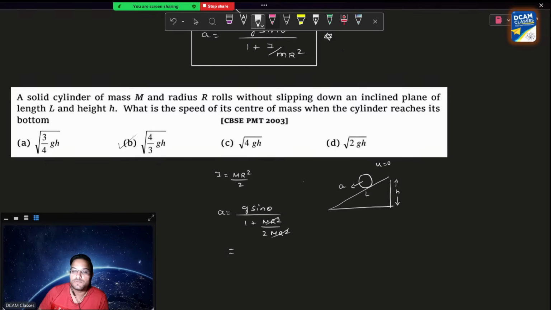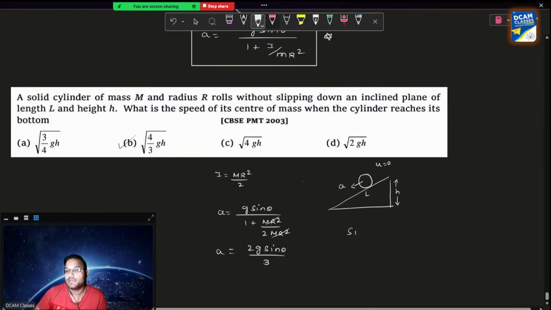It will become 2 plus 1, so a is 2g sine theta by 3. Here they have given sine theta is equal to h by L. So 2gh by 3L is the acceleration a.